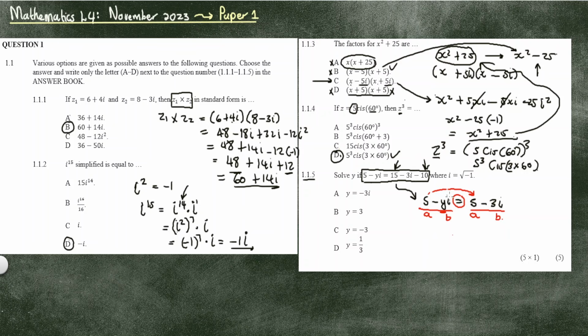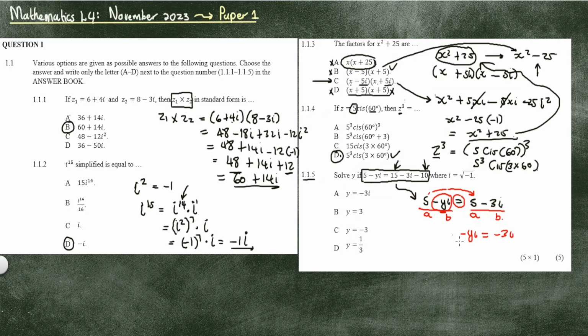So I'm going to take this minus yi, and say minus yi equal to minus 3i. You need to take the sign as well as the imaginary part and equate them on both sides, right?